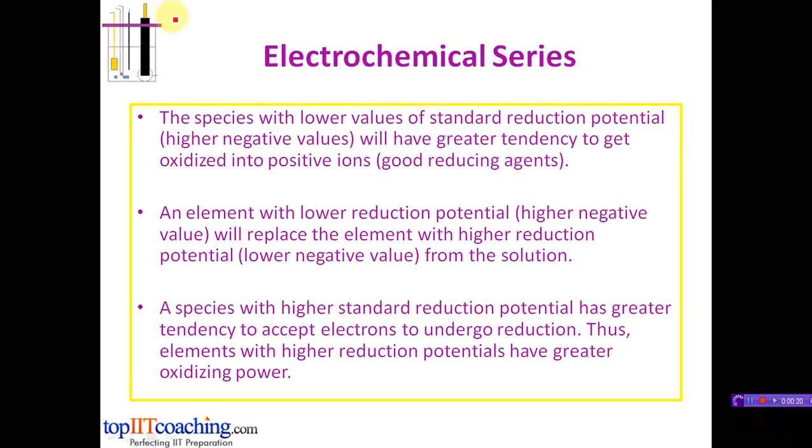For example, the reduction potential of potassium is equal to minus 2.93 volts, whereas that of sodium is equal to minus 2.71 volts. So among sodium and potassium, potassium will have a higher tendency to oxidize.